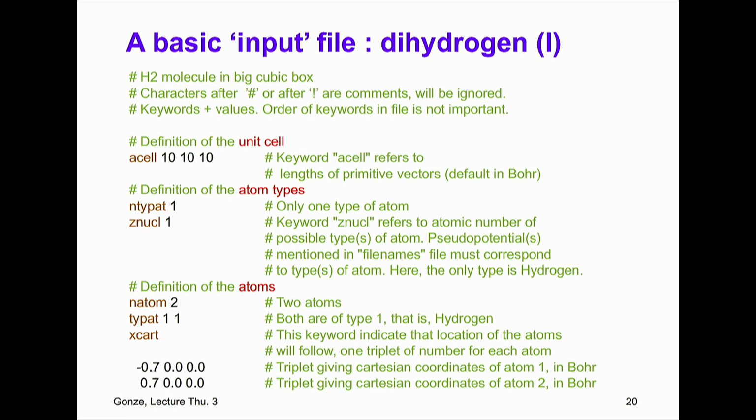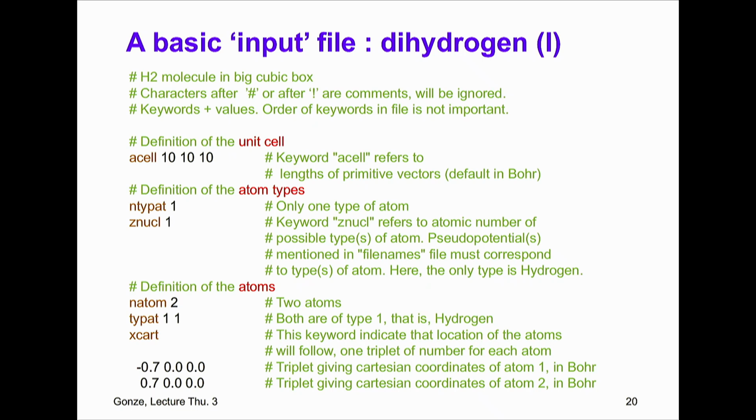Okay? Definition of the atom types. Well, we have hydrogen, so only one atom type. ntypat is 1. What is the nucleus charge? It's 1. So we specify these. Having defined the atom types, we can specify the atoms themselves. We have 2 atoms, atom 1 and atom 2, each of type 1.